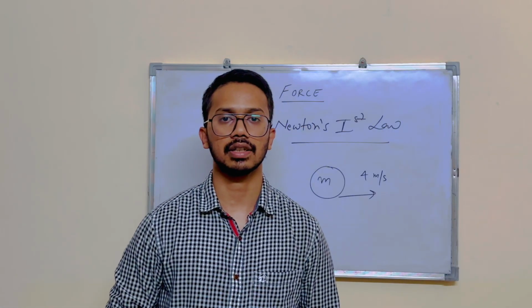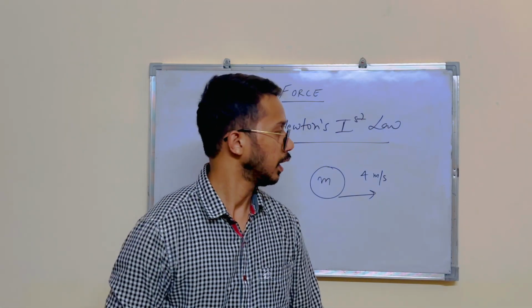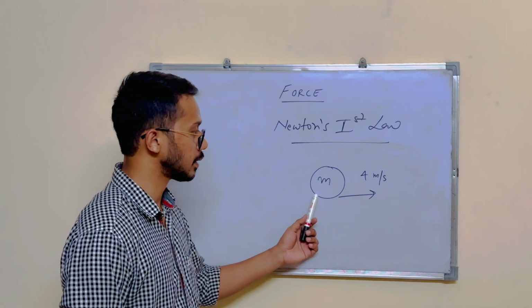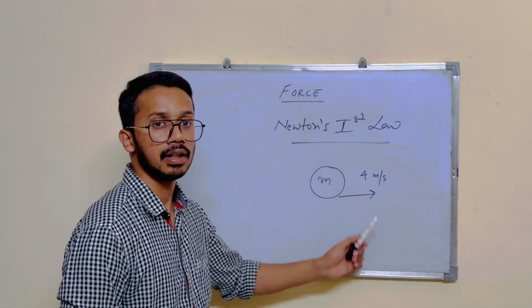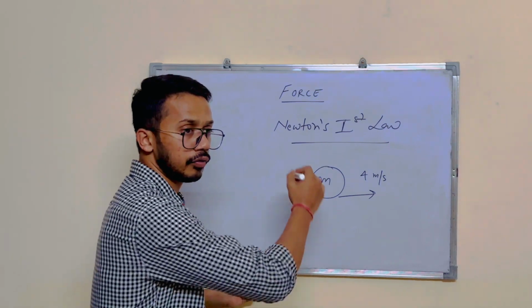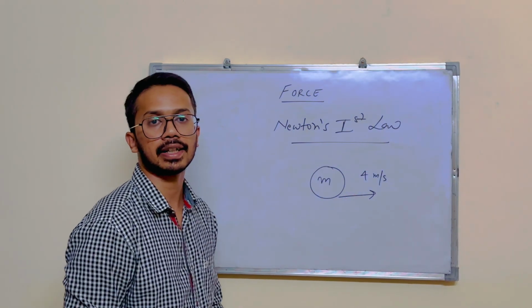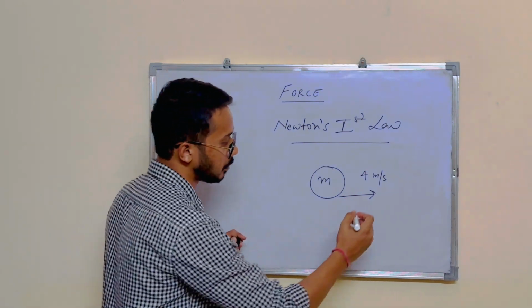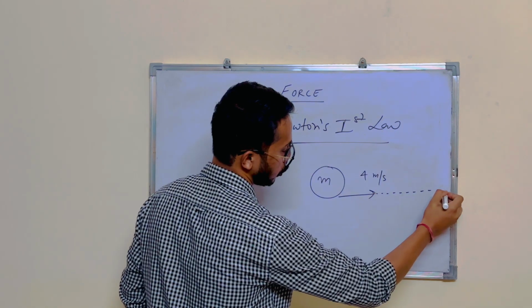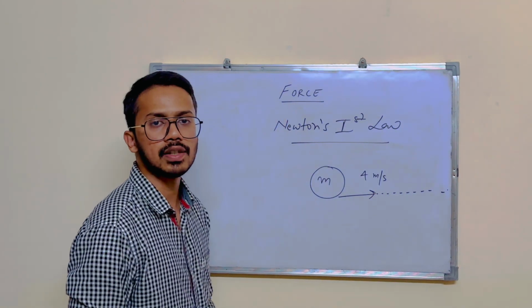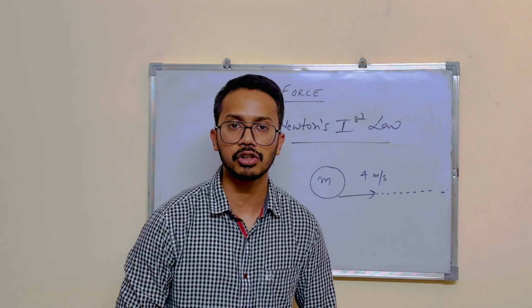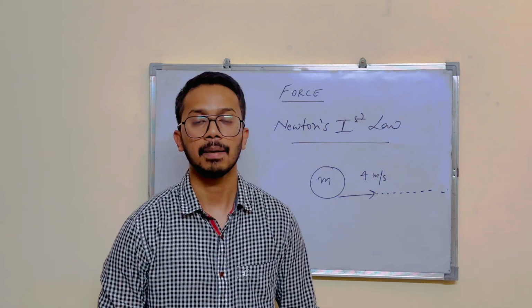Now let's discuss if the object is in motion. Let's say this object of mass m is moving with a velocity of 4 meters per second. This object will continue to move with the same velocity unless it is acted upon by a certain force. It means this object will continue its motion till infinity. But now you will say that this object will cease its motion after some time. Yes, you are correct. But why?